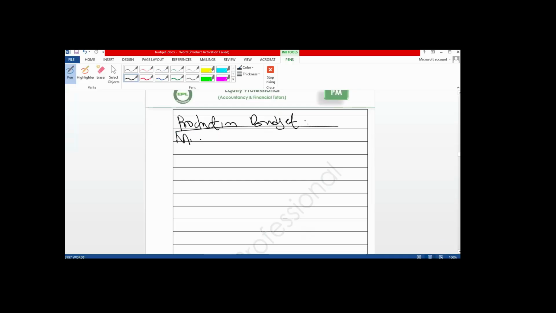The months January, February, March. No, I have to make provision. You have the months January, February, March. We have to make provision for April.